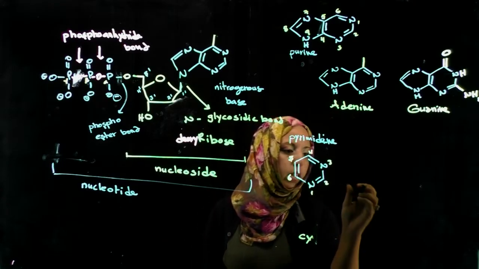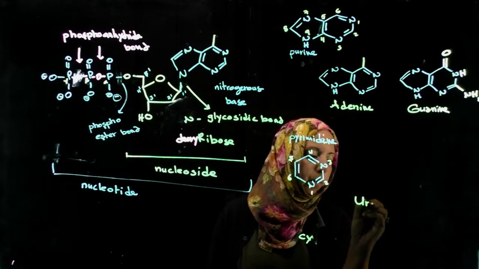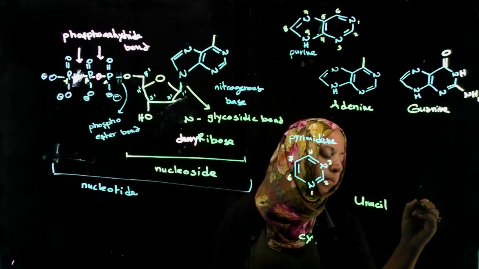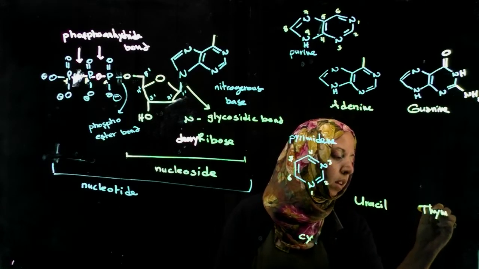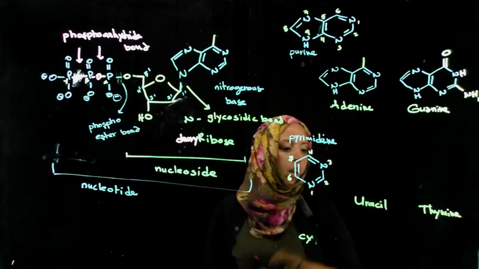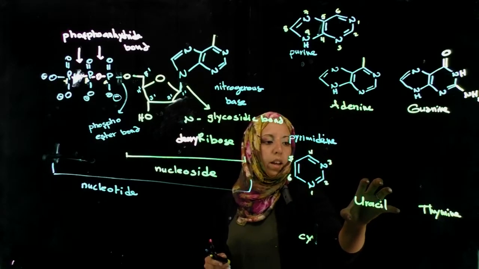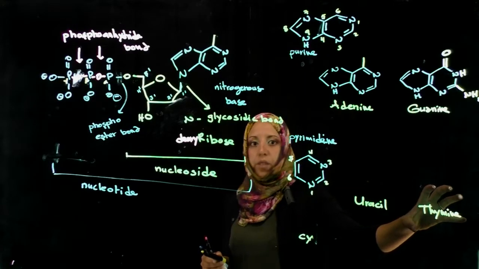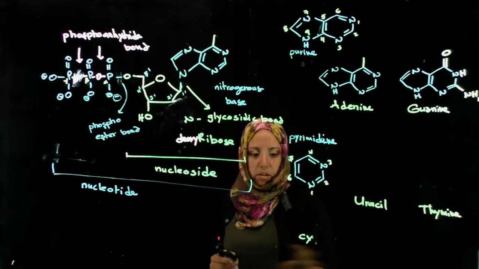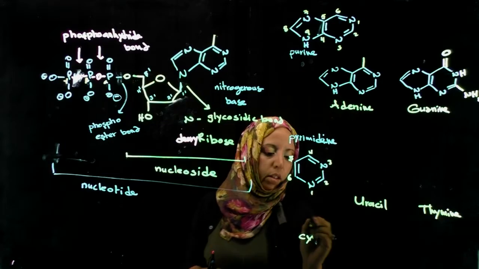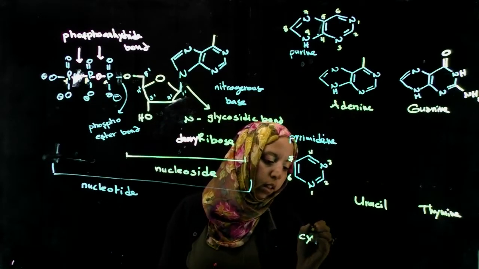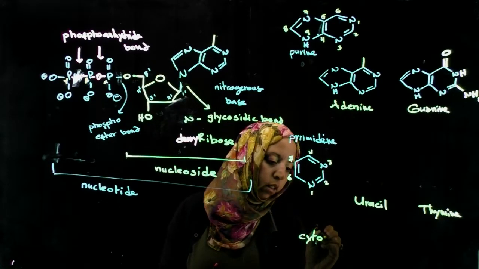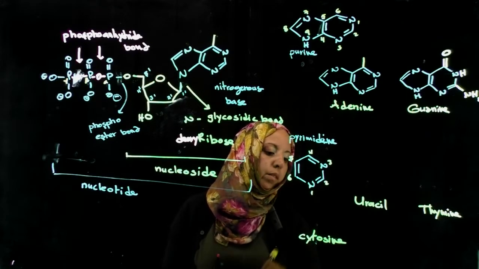Actually, let's talk about uracil and thymine first. Uracil and thymine, right? Uracil is only found in RNA molecules, whereas thymine is found in DNA molecules. They differ by a methyl. Cytosine.